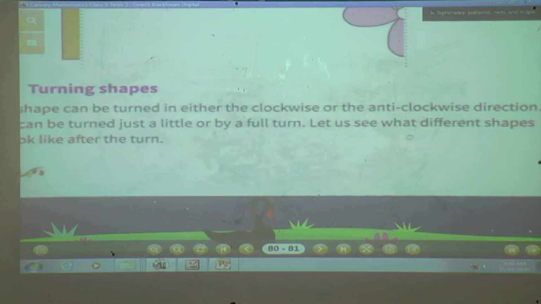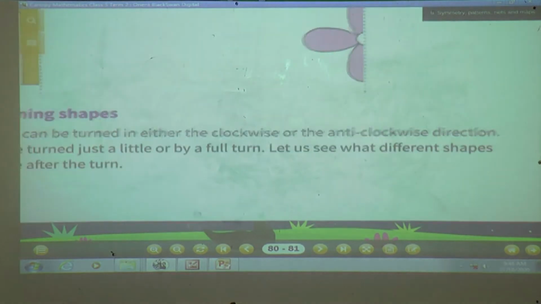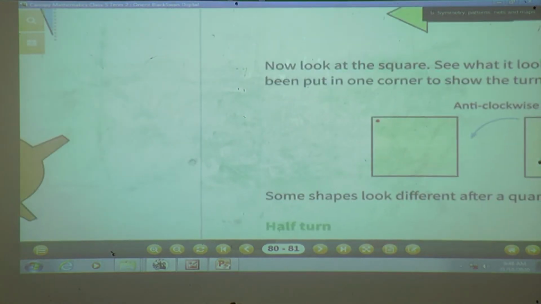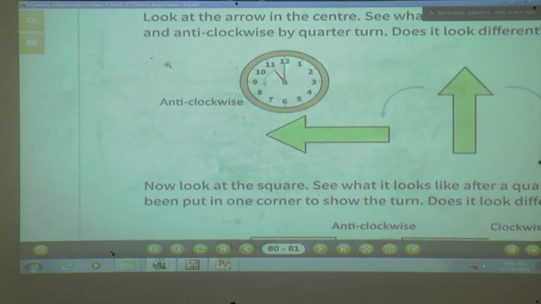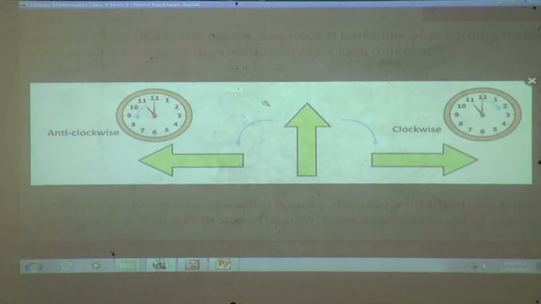Let us see what different shapes look like after the turn. See page number 81. Here, quarter turn. Look at the arrow in the center. See what it looks like after turning it clockwise and anti-clockwise by a quarter turn.